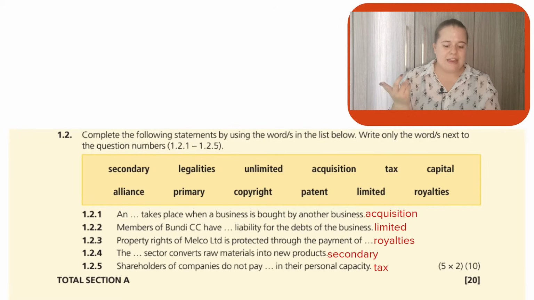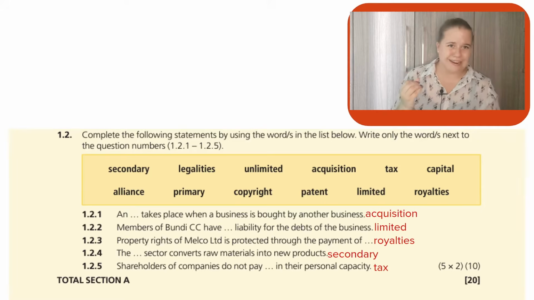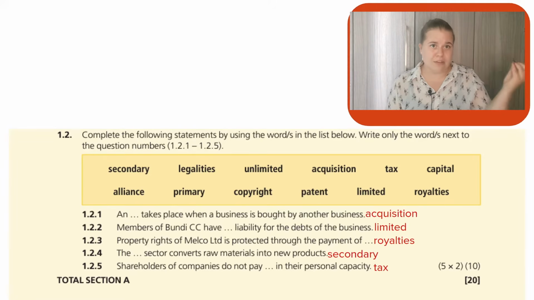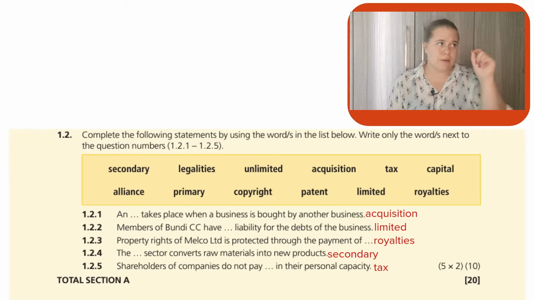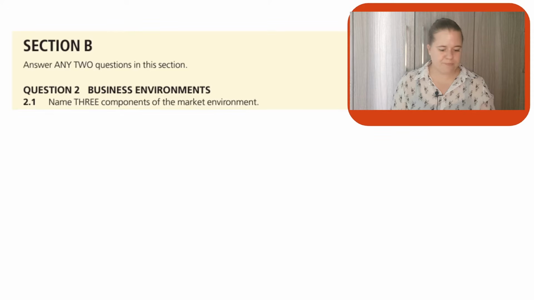Now, again, we look at the two. We remember now, okay, we are buying another business. Is that alliance? No. In alliance, we do not buy another business. Do you see how this can help you? And what I used to do is cross out those options. So if there were a few, I would actually write little crosses, be like, no, it's not that one, it's not that one, and move on from there.